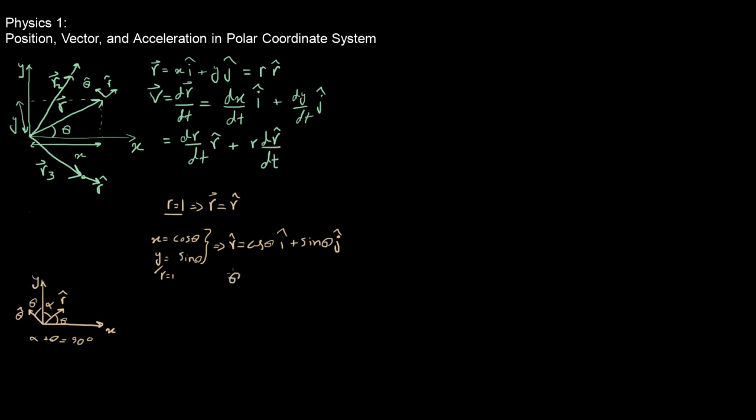Theta hat is equal to minus sine theta i hat. The minus sign is because it has a negative x component, and plus cosine theta j hat.